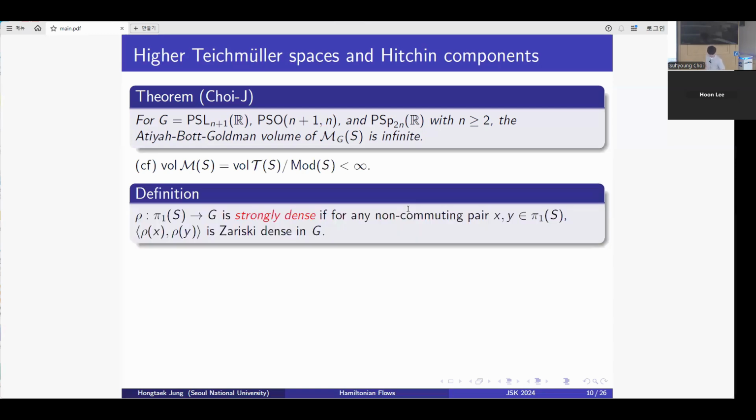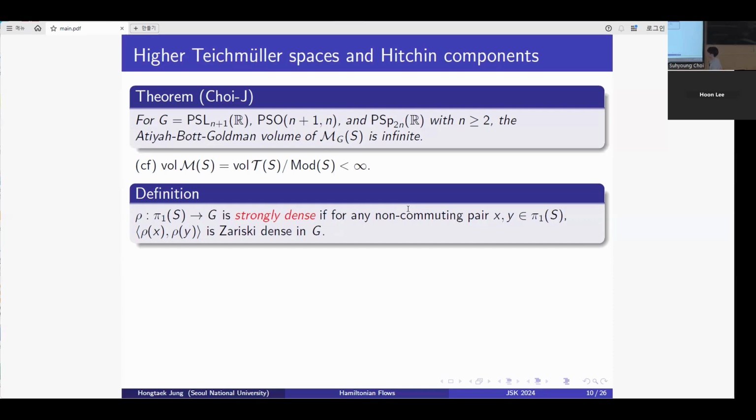And the next theorem that I want to mention is related to the strong denseness of representations. A representation is strongly dense if, say we pick 2 elements in the fundamental group, and evaluate these 2 elements by the representation.